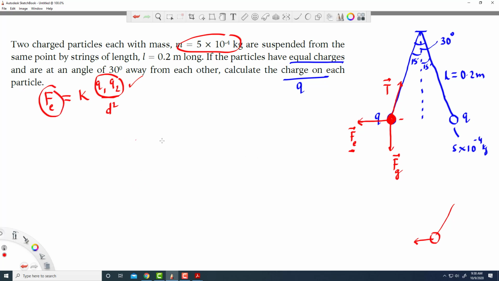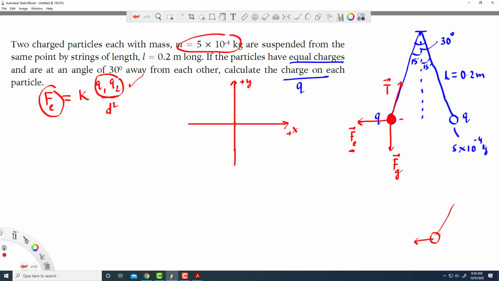So let's find Fe. Okay, so you can draw a free body diagram with the x and y axis. So that's the x axis and that's the y axis. So we have positive x and positive y.